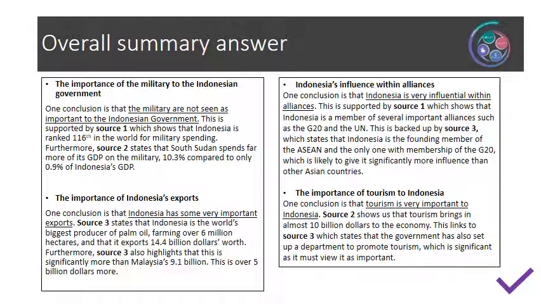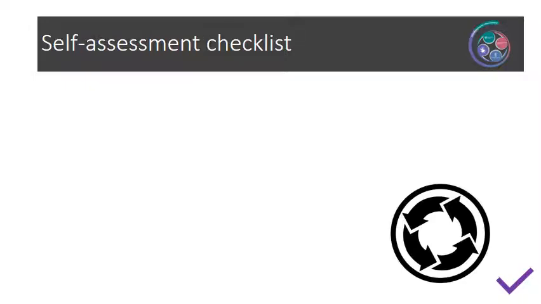Were you able to highlight the relevant information to help you draw conclusions about the 4 different bullet points? And furthermore, when you go on to practice more of these questions, reflecting on the structure of this answer will allow you to self-check against your own.